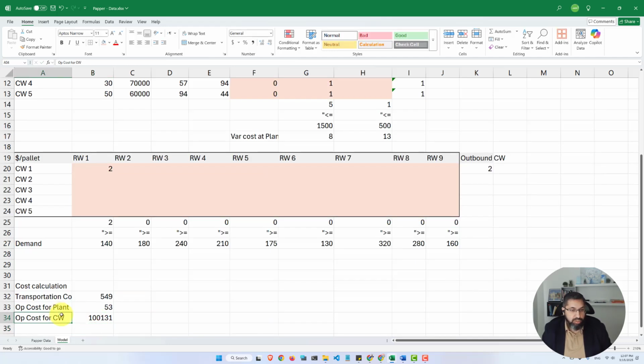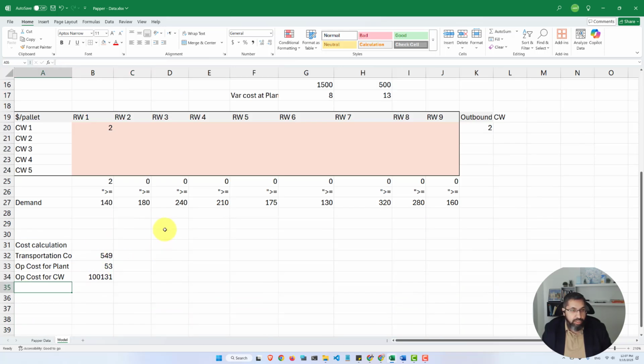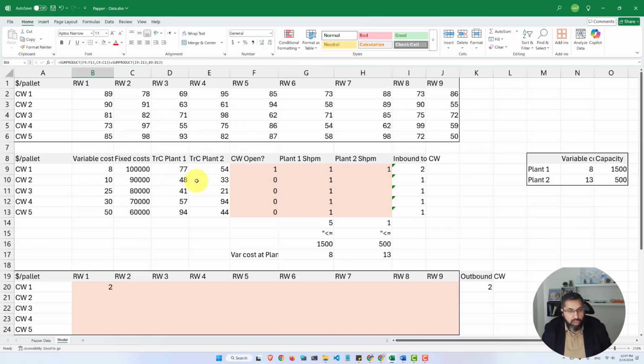And you can see operating cost is very high because you have the fixed cost of 100,000, right? Okay, so we added the transportation cost of both stages of the supply chain. We've had the operating costs for plants and the central warehouse.